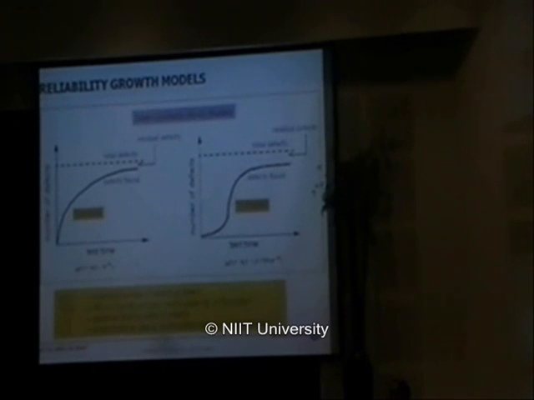There are many models. The Goel-Okumoto models are the simplest models, and they actually work pretty well. You can have more complicated models. That means you have to estimate more parameters. You don't get all the data. So most industries use these models. That's what we use. So let me just explain the model.